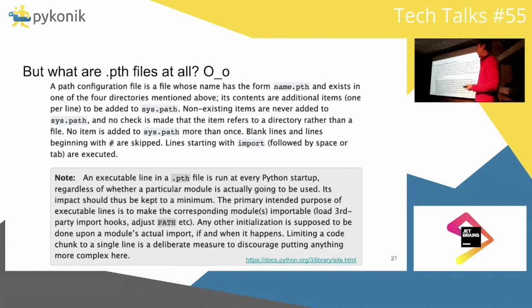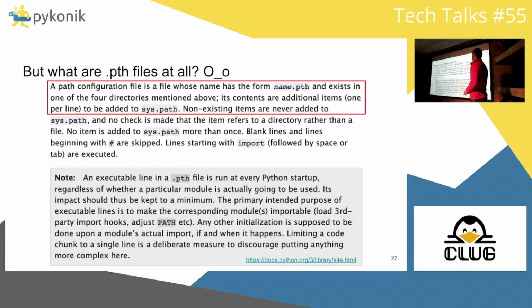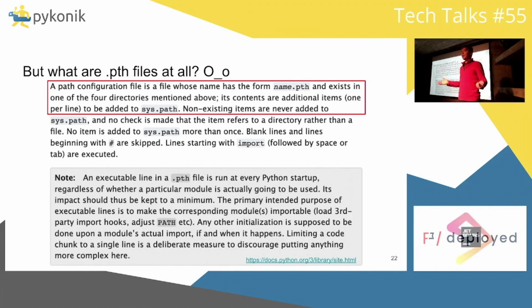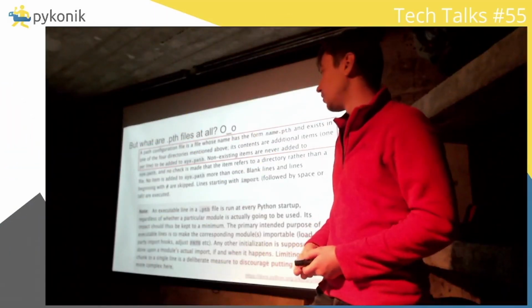So PTH files are path configuration files that have a name suffixed with .pth, and they may exist in some directories, and their contents are additional items to be added to the path. So you can basically extend your import directories in Python via this.